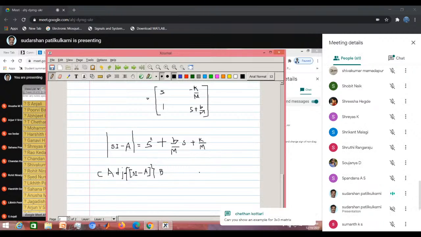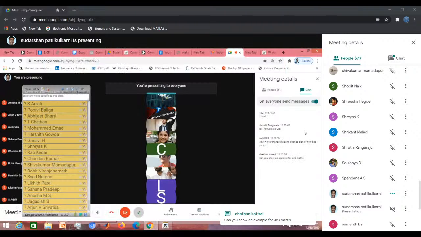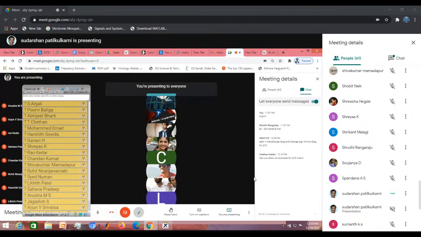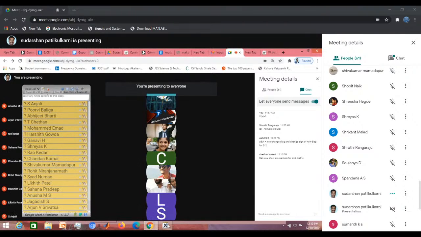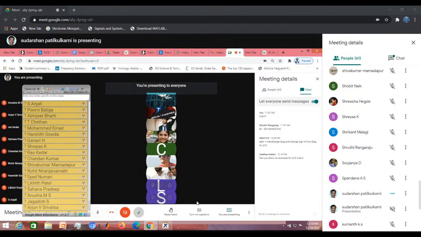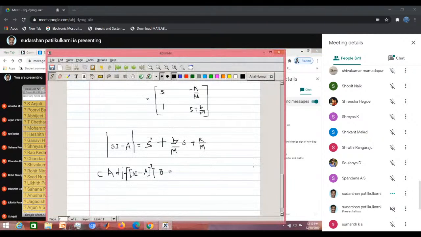So this will be equal to, maybe later. It is available in any standard matrix book, second PUC book, on how to find the cofactors and how to find the adjoint. It's available in any 12th standard book.